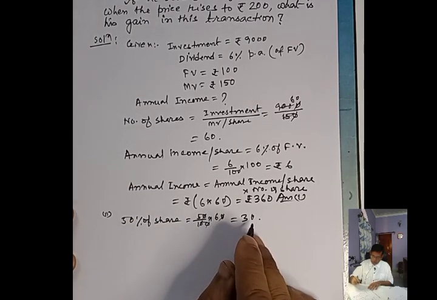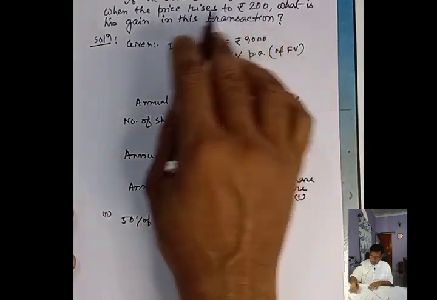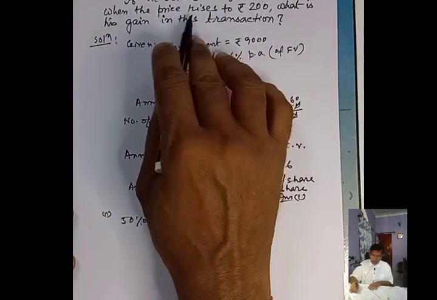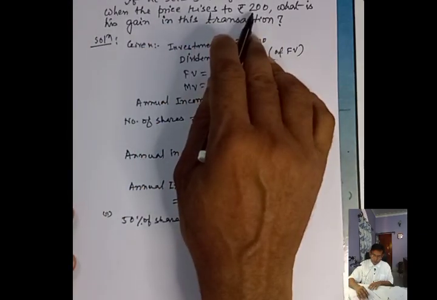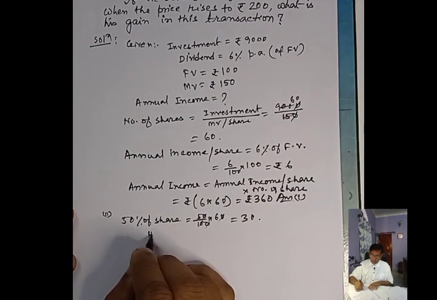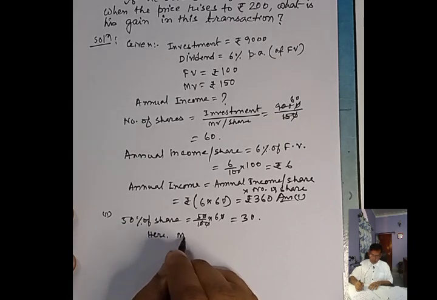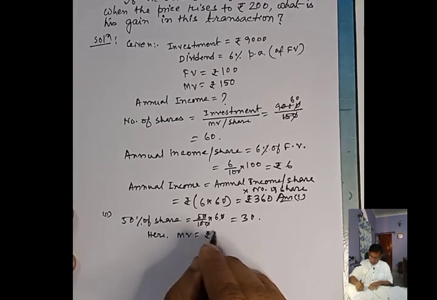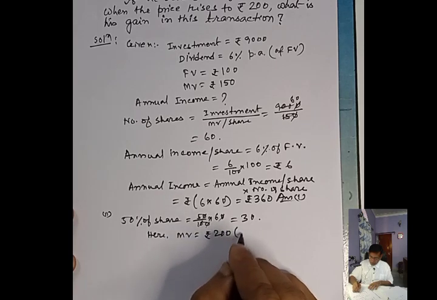See, these 30 shares, when the price rises to rupees 200, he sold. So here MV is equal to rupees 200. It is given.